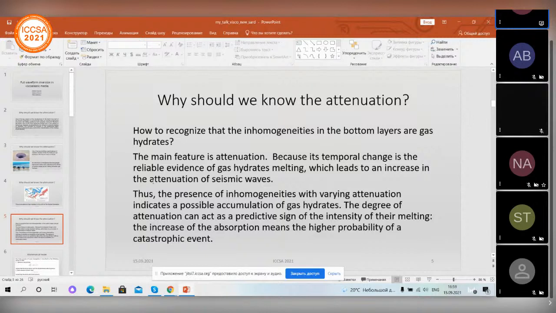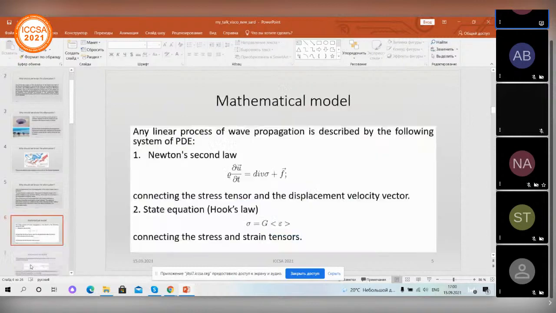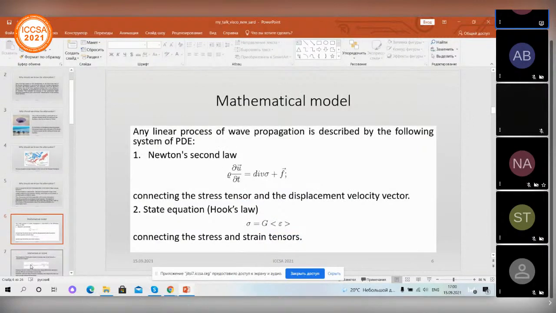Because during the melting there will be an increase in the attenuation of the seismic waves in this area. If you do the monitoring of the elastic properties and you see the same parameters like Vp, for example, but an increase of the attenuation, like the quality factor for P and S, that means there is melting, because the solid phase is going to become the liquid phase.